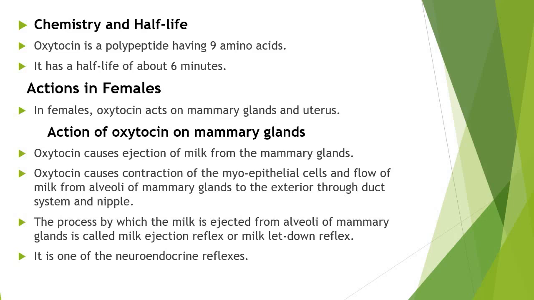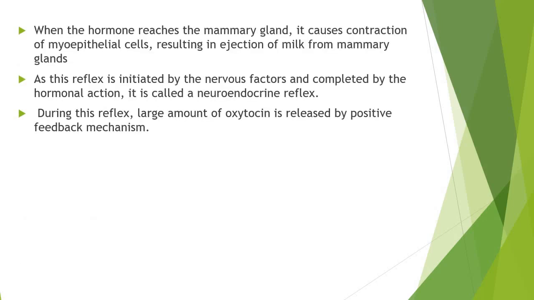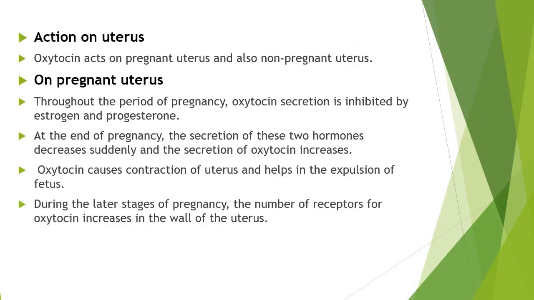It is one of the neuroendocrine reflexes. When the hormone reaches the mammary gland, it causes contractions of myoepithelial cells, resulting in ejection of milk. As this reflex is initiated by the nervous factors and completed by the hormonal action, it is called a neuroendocrine reflex. During this reflex, a large amount of oxytocin is released by positive feedback mechanism.